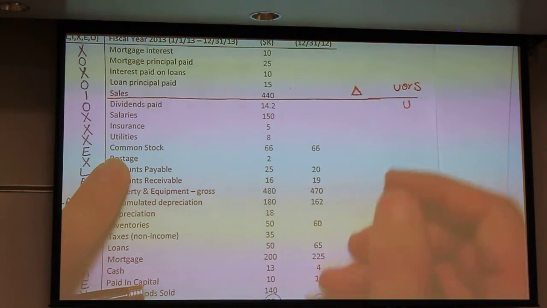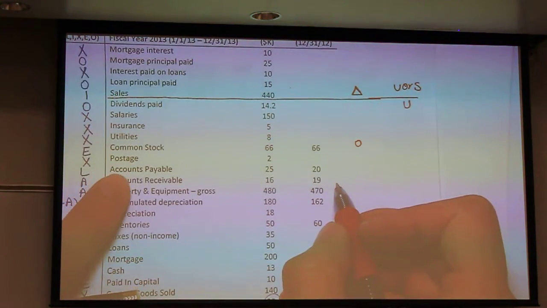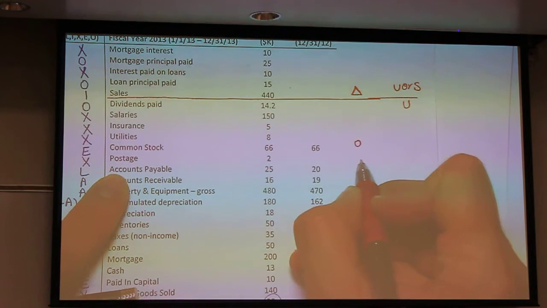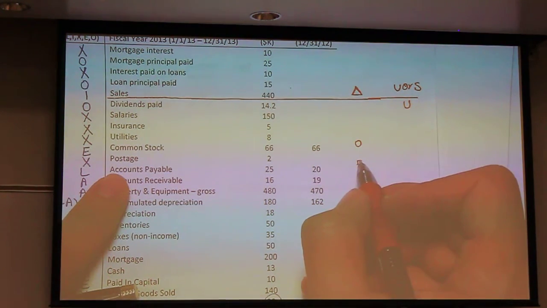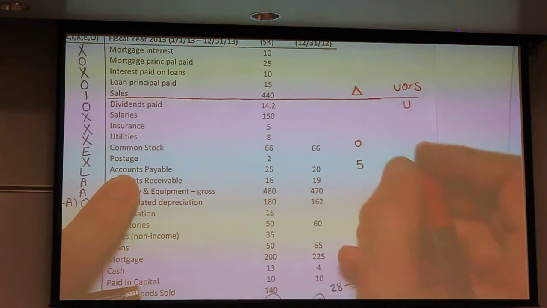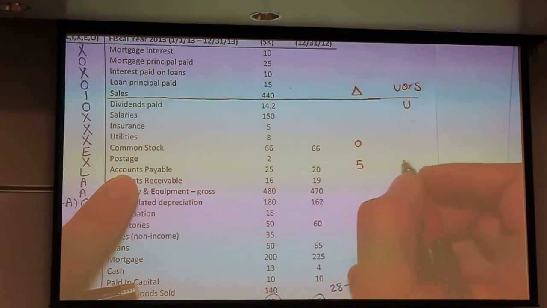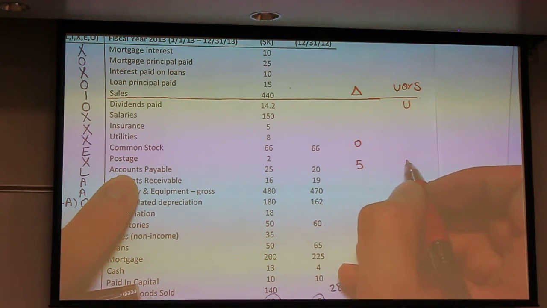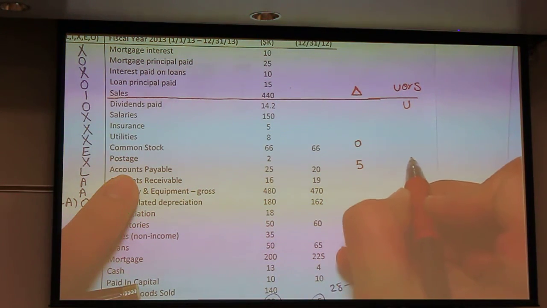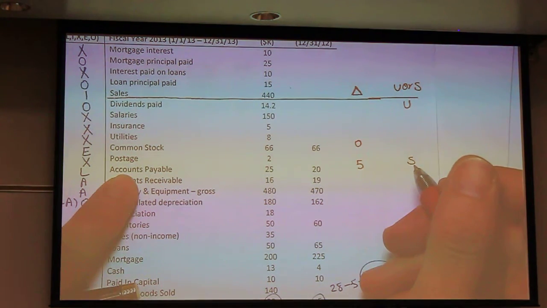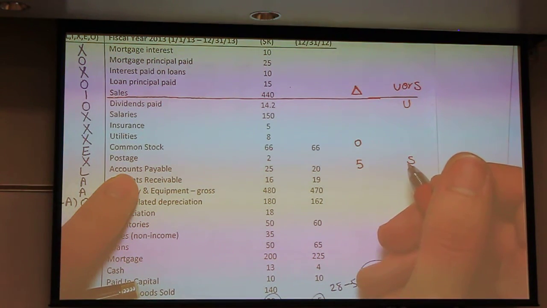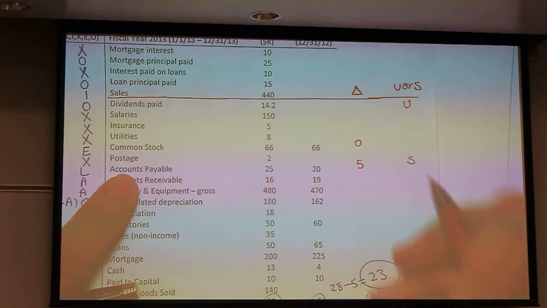Common stock delta 0. Accounts payable delta is 5. So accounts payable 5. Use or source? Source, why? Yes, thank you. Do I need to write down the 4 rules down here again? Yes.